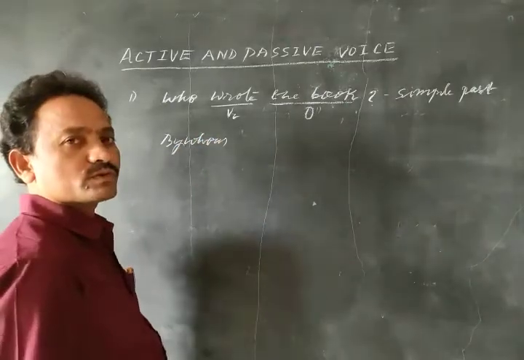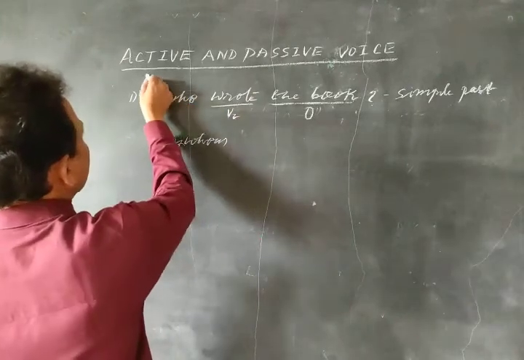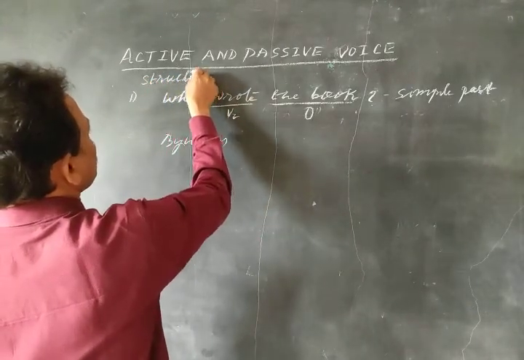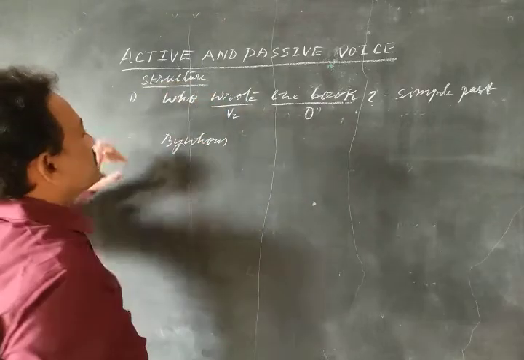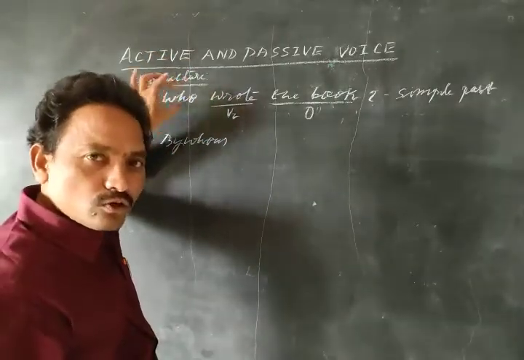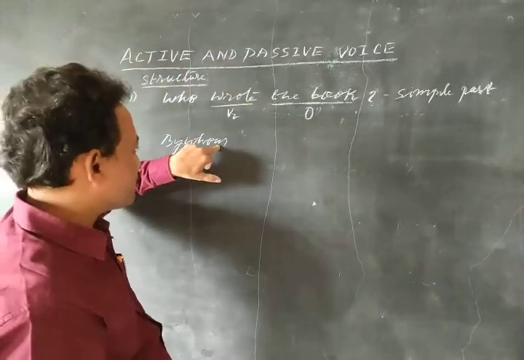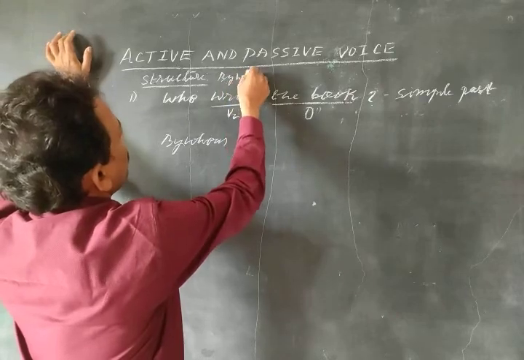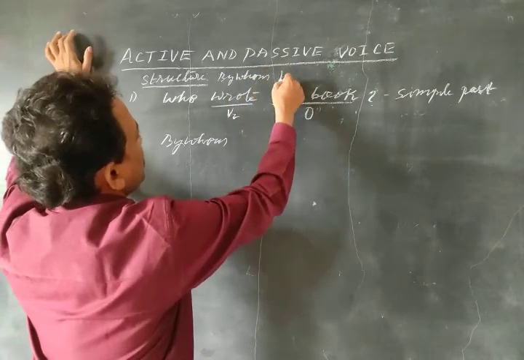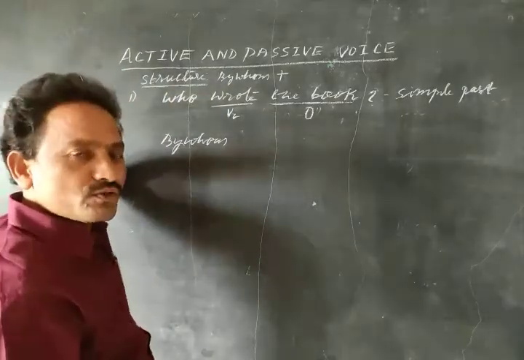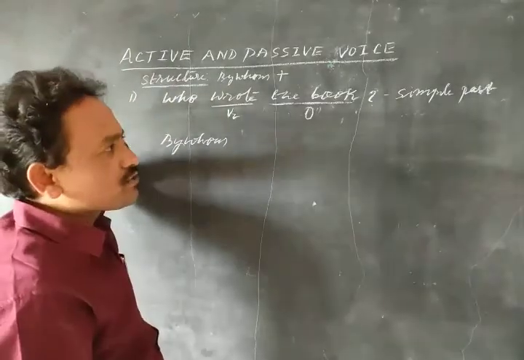Answer: by whom. See, first of all, write the structure for the question that begins with who; it starts with by whom. Plus the suitable be form.